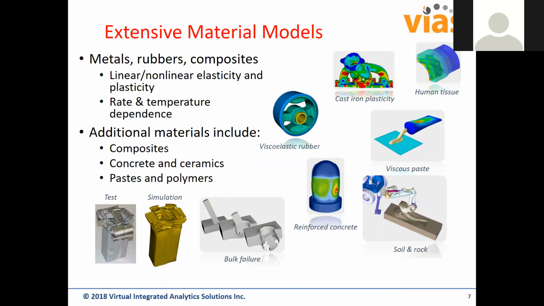Not everything is created or operates within the linear elastic range that we see in steels or aluminum. So being able to replicate rubber or human tissue or paste, that's where Abaqus thrives. And we are able to define damage and failure limits as well to accurately predict failure in a material.